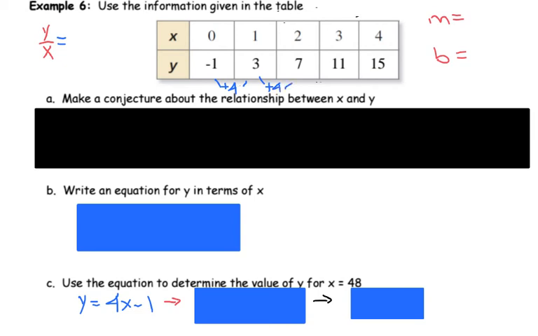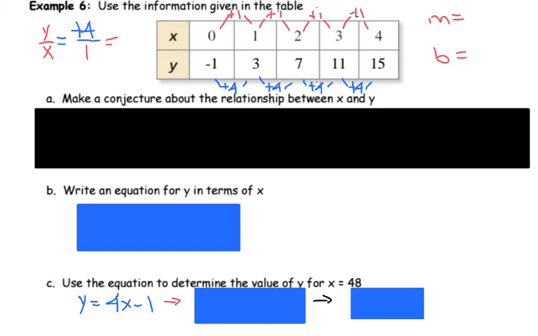3 plus 4 does give you 7. 7 plus 4 gives you 11. 11 plus 4 gives you 15. So my y value is changing at a rate of plus 4. Now our x value is changing by adding 1. 0 plus 1 is 1. So that's pretty straightforward on how the change is occurring.